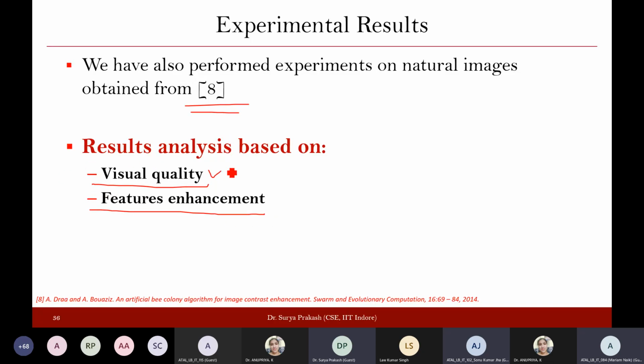One is analyzing the visual quality, which is performed by human subjects: we have images having poor contrast, then we apply this algorithm, and see visually whether the quality is improved. The other is quantitative analysis, which is based on features. We'll see what kind of features we are using.